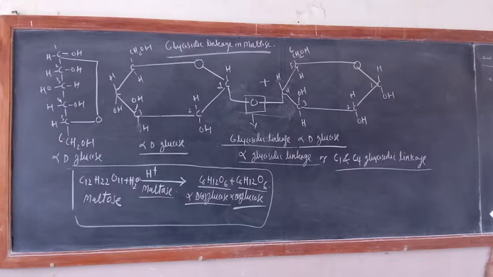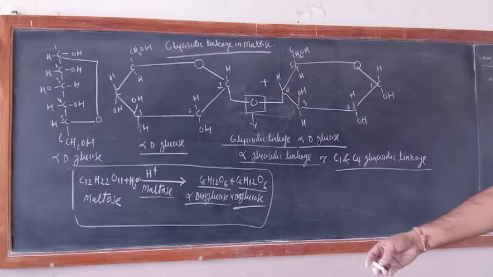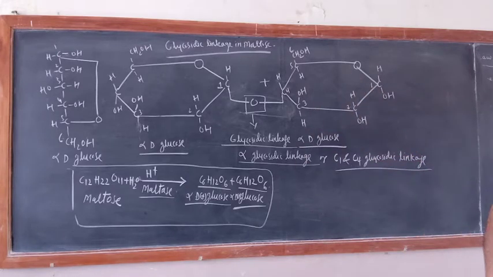The moment you write one alpha, it is understood that both units are alpha only. So no need to write alpha and alpha dash, but even if you want to write it, that won't be wrong. So this is the alpha glycosidic linkage.